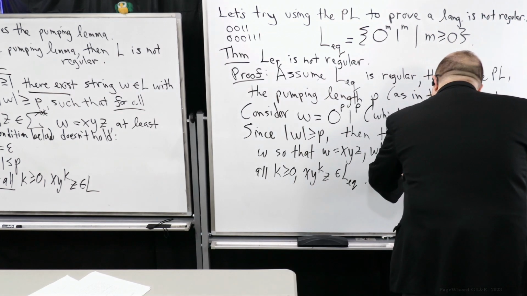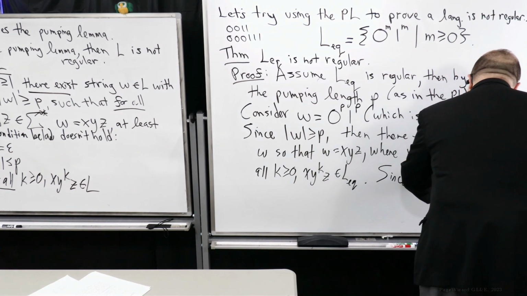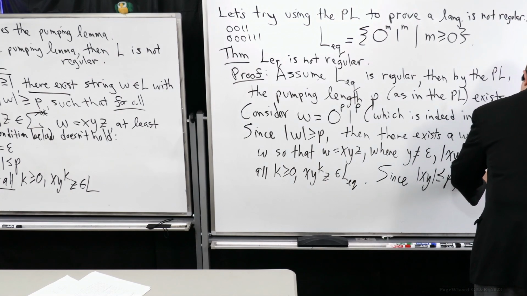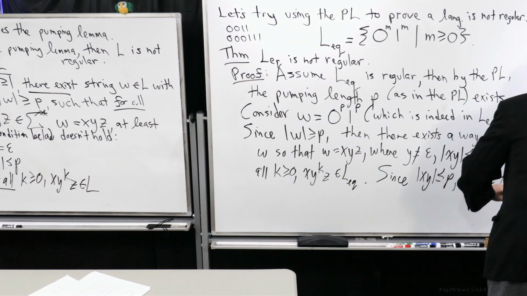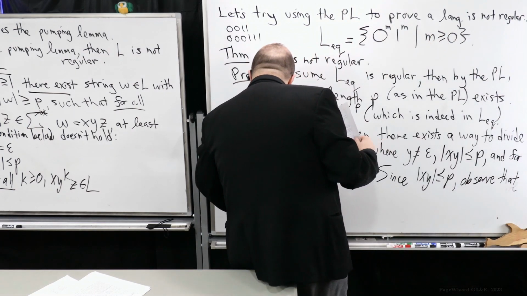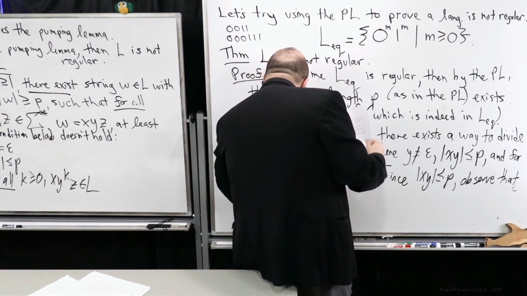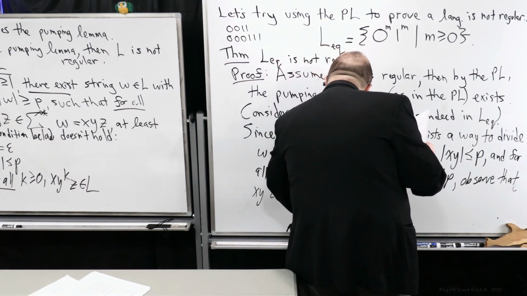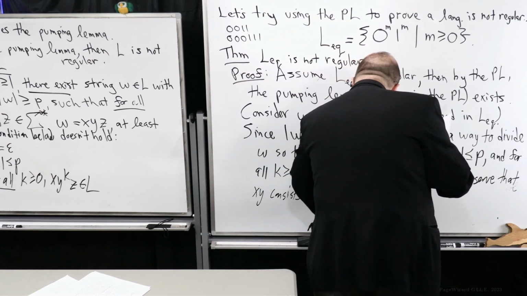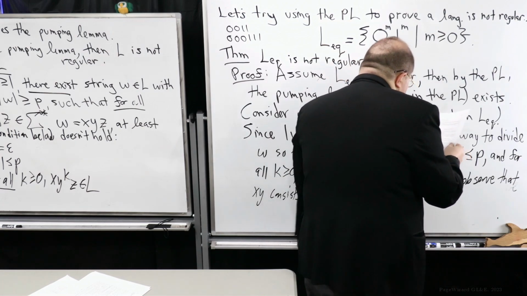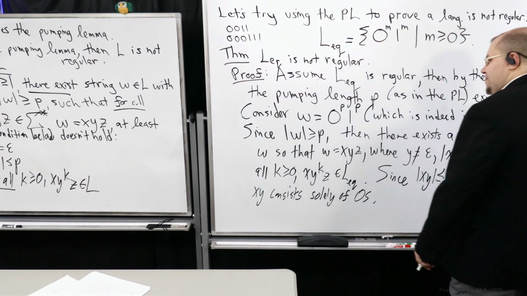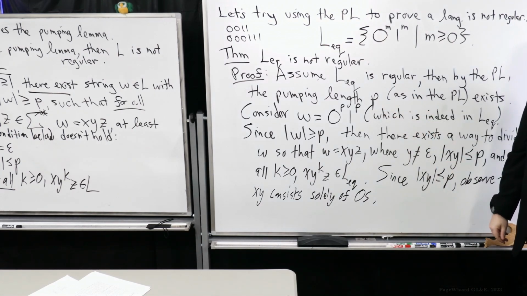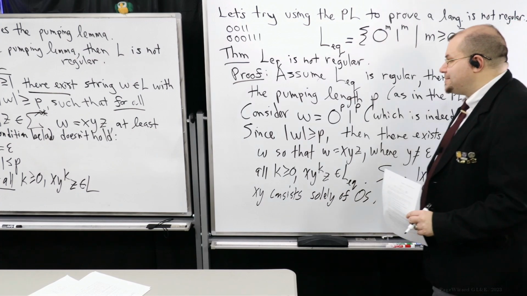Since the length of xy is at least the pumping length, observe that xy consists solely of zeros. Right? Notice that the length of this string is 2p, 2 times the pumping length.